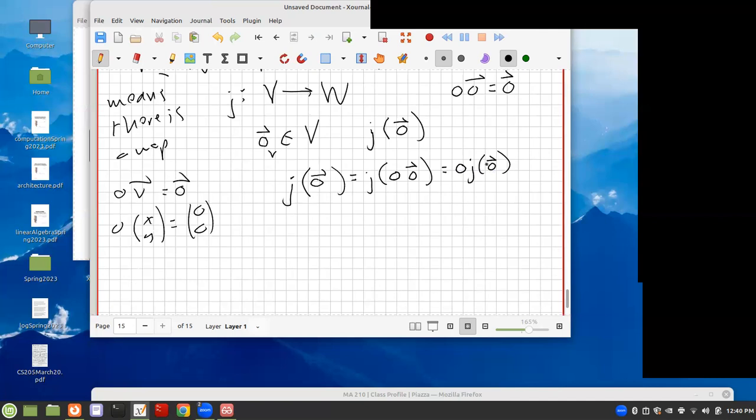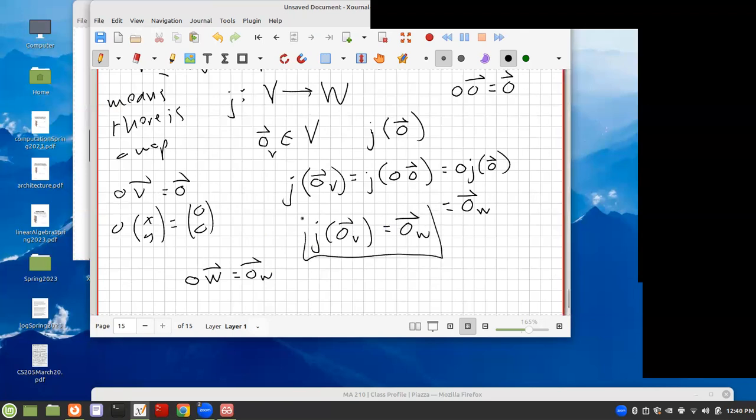No matter what vector this is, zero times that vector has to equal the zero vector in W, because the number zero times any vector in W equals the zero vector in W. So therefore the image of the zero vector under J has to equal the zero vector in W. It maps the zero vector of one vector space to the zero vector of the other.